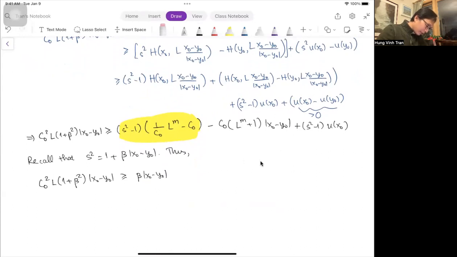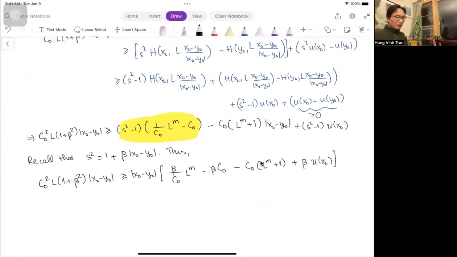Let's pull beta in, with x naught minus y naught as a common term: beta over c naught L to the m minus beta c naught minus c naught L to the m plus 1, plus beta times u of x naught.